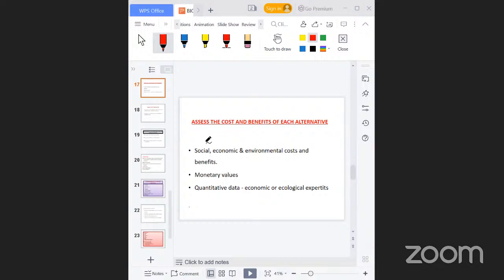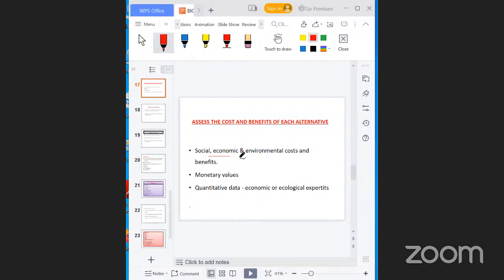So, assess. Then we need to assess the cost and benefit of each alternative, right? Everything has social, economic, and ecological aspects in economics. So the cost and benefit analysis is very important, and that will determine which alternative is the best response, right?